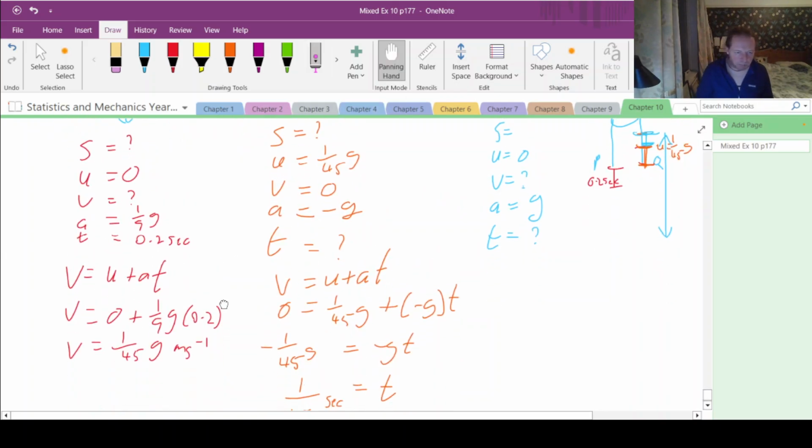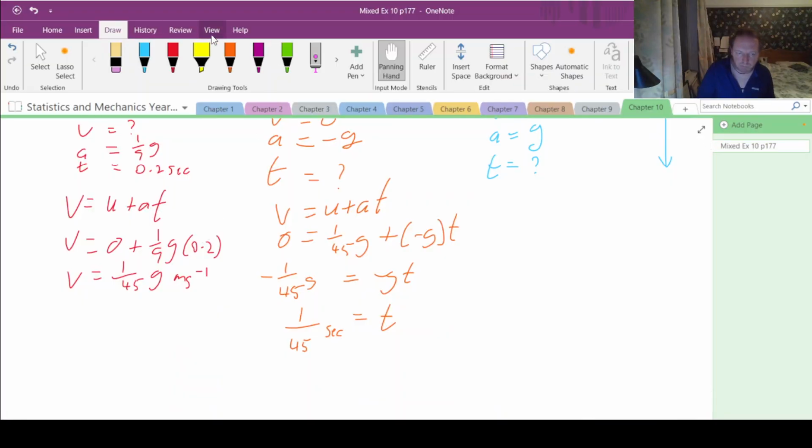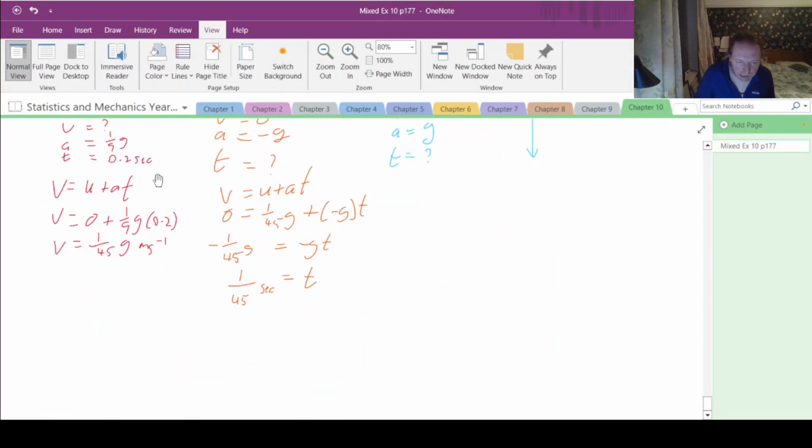So I want something, what's the easiest s to use? u plus v over 2 times t. Okay, so if I just quickly do, coming out a little bit so I can see everything.